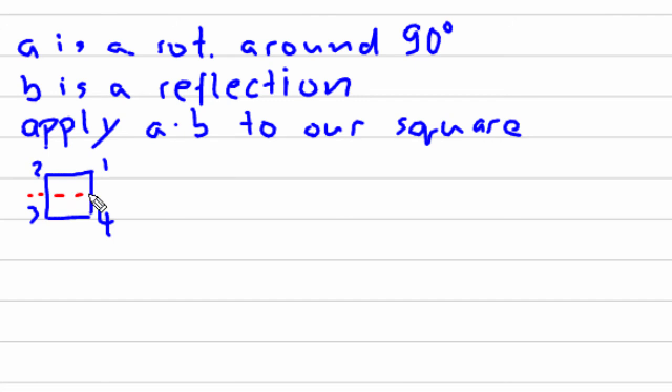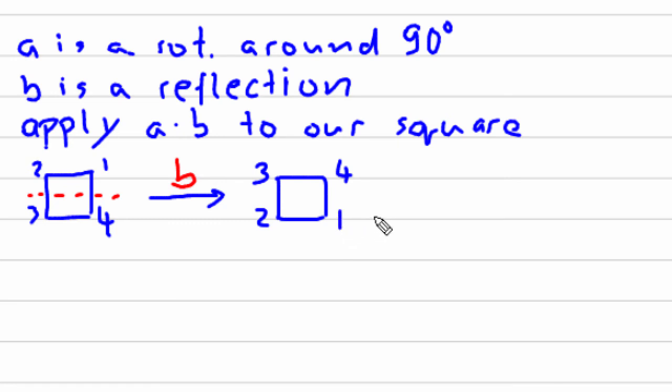Let's use this one as our reflection plane and do a reflection with it, meaning apply symmetry operation B. And the result is that after doing this reflection, 2 becomes 3 and 3 becomes 2, meaning this is 3, this is 2, and 4 becomes 1 and 1 becomes 4. Here we have 4 and here we have 1.